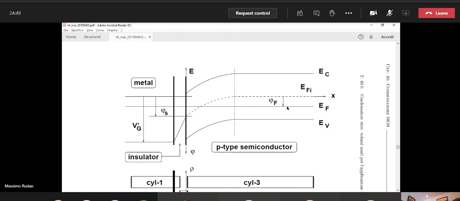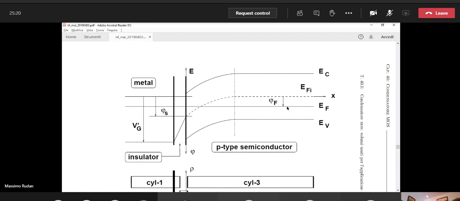Be careful because this diagram mixes energies and potentials. So you remember that the potential energy for the electron is minus Q times phi. Phi is the electric potential. That means that the orientation of the energy axis is opposite to the orientation of the electric potential.